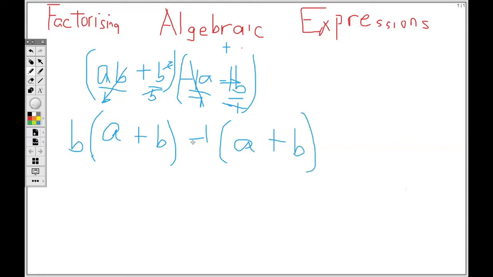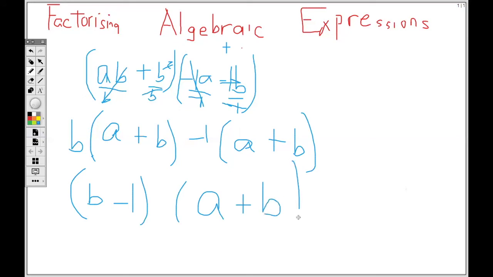So this gives me b minus 1 and a plus b. Now, I grouped it differently to show you that it doesn't matter which one you want to write first, it is still correct. So if someone wrote a plus b, then b minus 1, they are still correct.